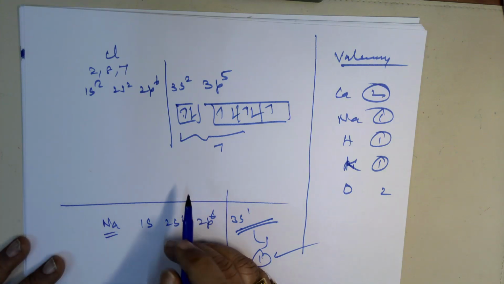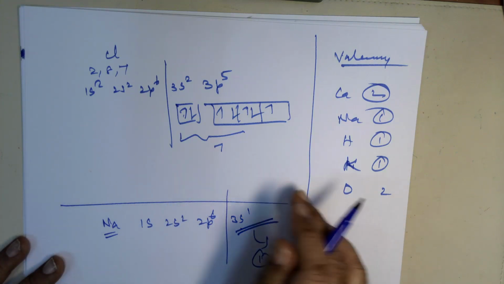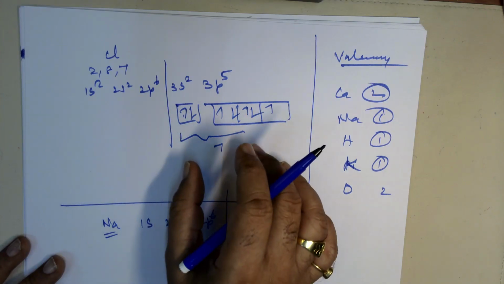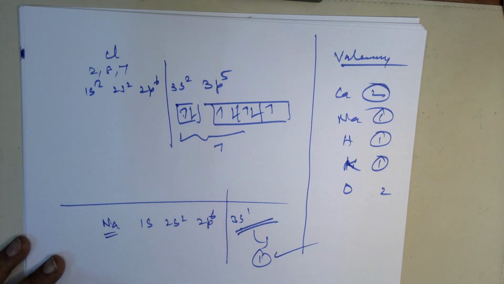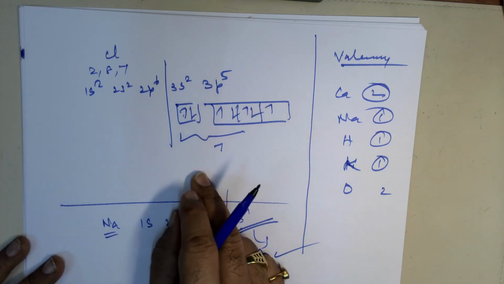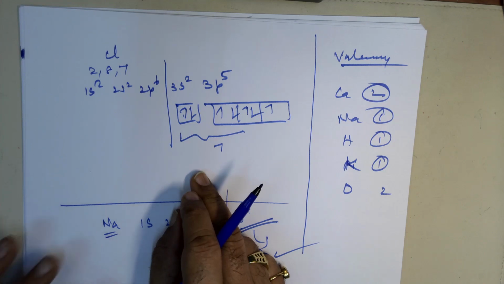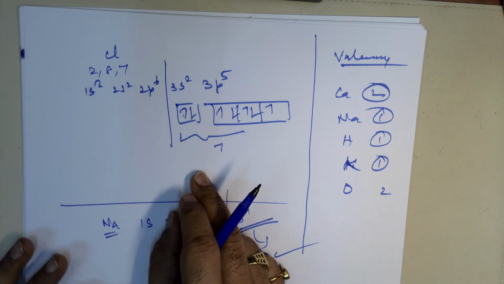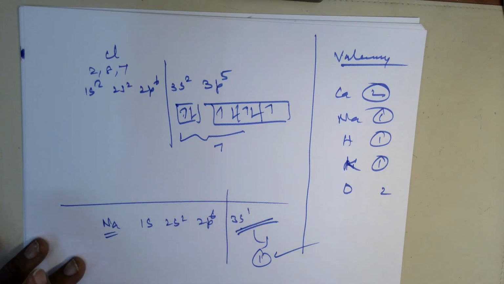Let me answer. I said the number of electrons available in the valency shell, that is in the outermost shell, should be called the valency of the respective element. But in this case, you have got seven electrons. In spite of having seven electrons, you don't claim that the valency of chlorine is seven. No, it is one. Why? Because valency occurs by exchanging electrons.